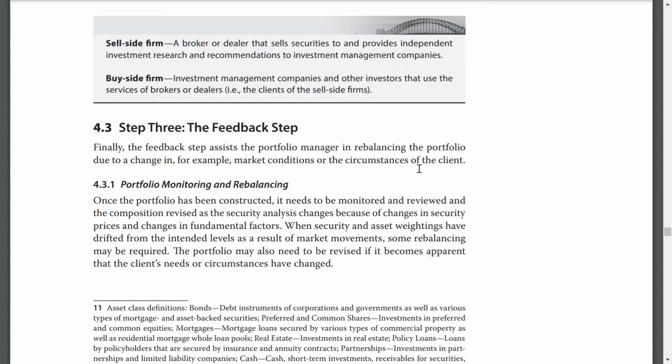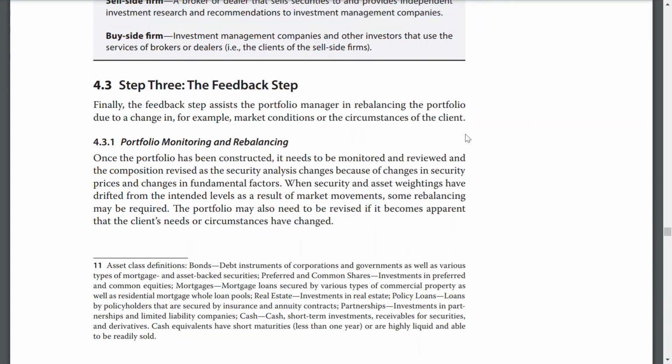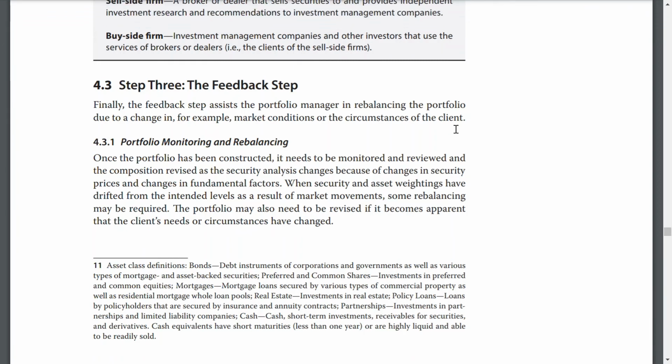Step 3, the feedback step. Finally, the feedback step assists the portfolio manager in rebalancing the portfolio due to changes in, for example, market conditions or the circumstances of the client. Portfolio monitoring and rebalancing. Once the portfolio has been constructed, it needs to be monitored and its composition reviewed, revisited, or revised as security analysis changes, because of changes in security prices and changes in fundamental factors.